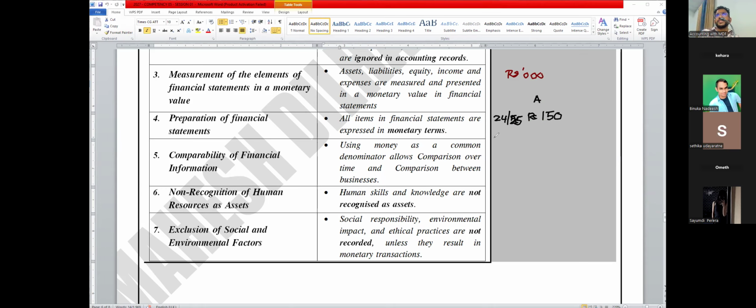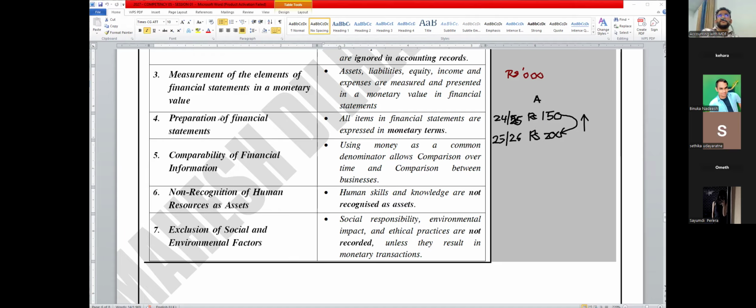And the profit in the year 25-26 is rupees 200,000. Now, do you understand? We can compare these two pieces of information and say the profit of company A has increased.